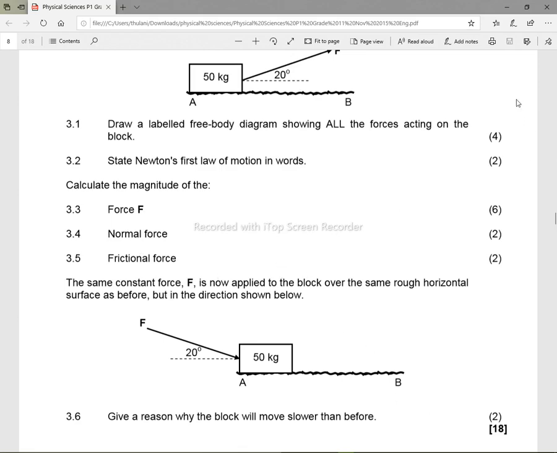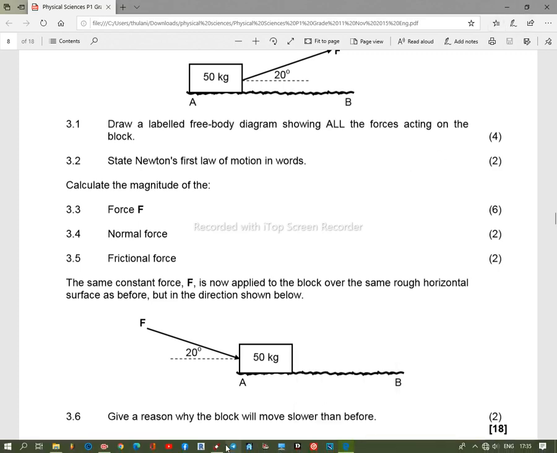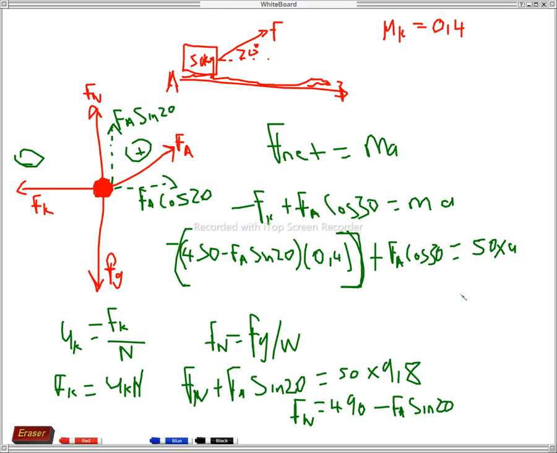Let me go to the board and see what's the next step. It's just a long procedure because, you can see, it is 6 marks. Since they said this is on the horizontal and it's moving at a constant speed, the acceleration is going to be 0. 50 multiplied by 0 is just 0 there.